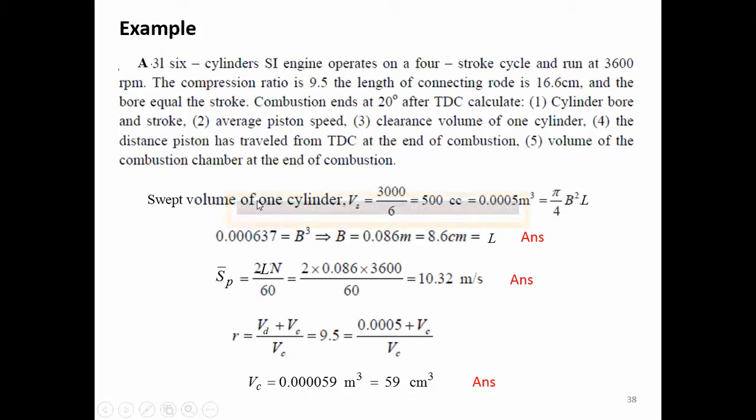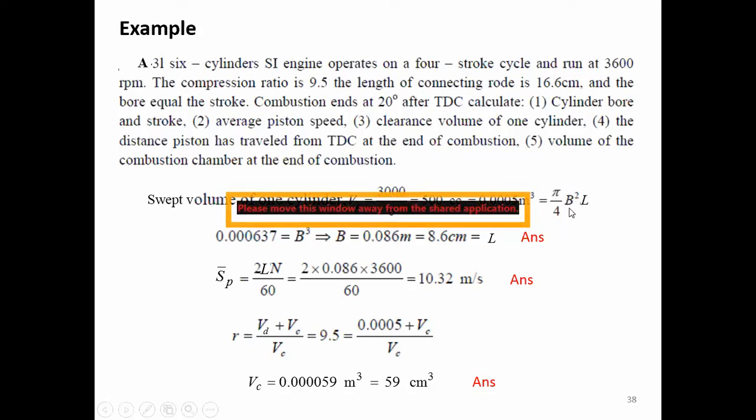For one cylinder, the volume can be determined from these expressions. Since our engine is a square engine, bore equals stroke, so we can calculate the bore of the cylinder and the stroke of the piston.